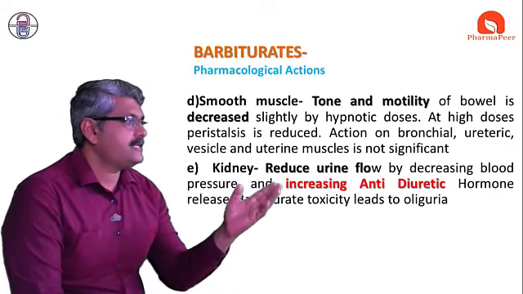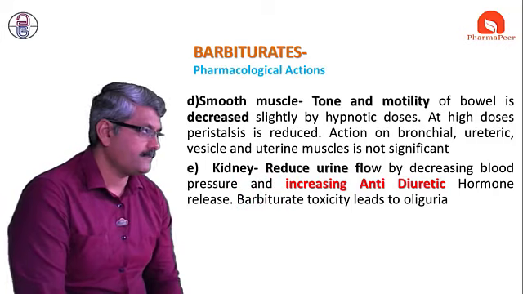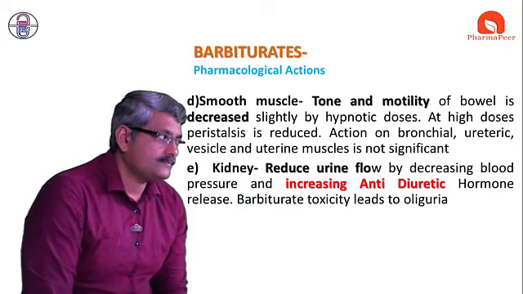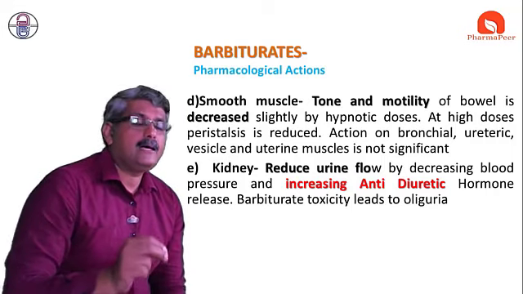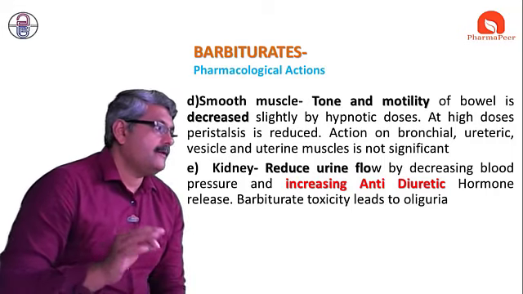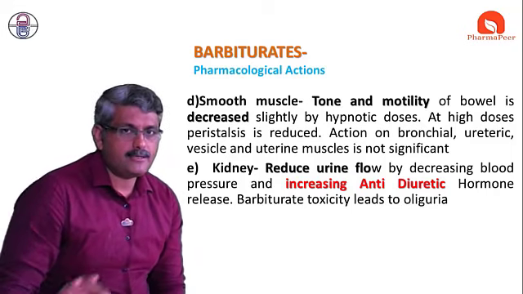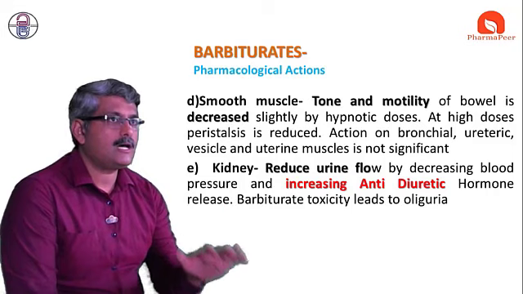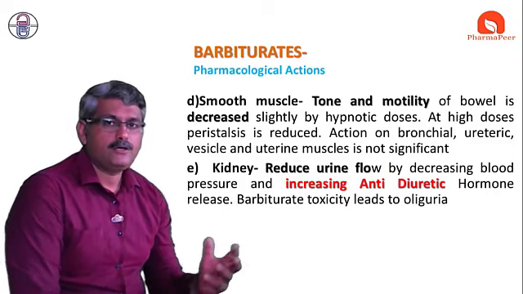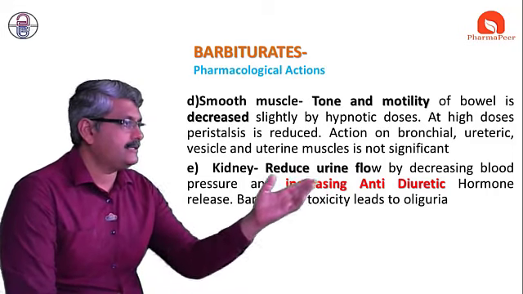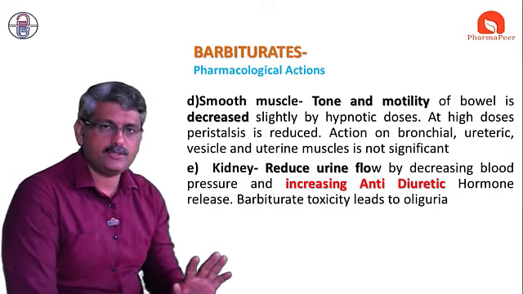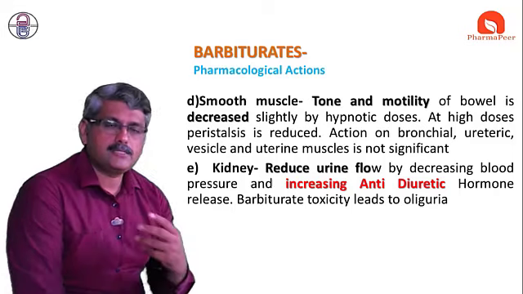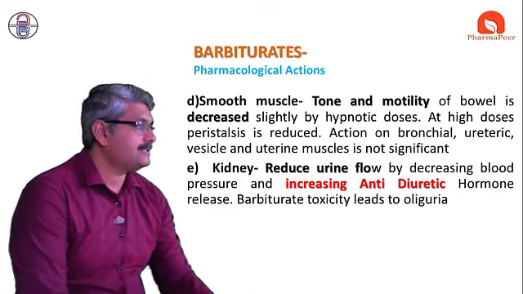So formation of urine is decreased because of the decrease in blood pressure, as well as an increase in antidiuretic hormone release. With higher doses of barbiturate, it shows oliguria, a marked decrease in urine formation, where only up to 400 ml of urine comes out of our body throughout the day.